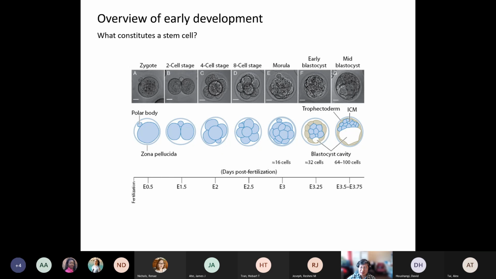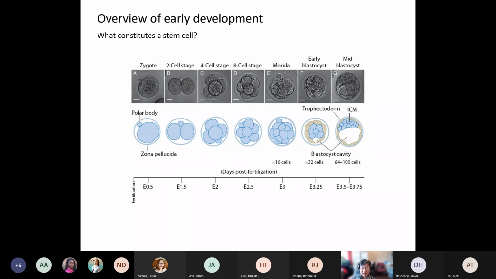So maybe the cells are not so different, but I believe the zygote and the two-cell stage cell will have some slight difference. Therefore, will you consider the cells in the two-cell stage, four-cell stage, eight-cell stage as stem cells? Now, I would think in the minds of most scientists working in this area, they will think these are stem cells.